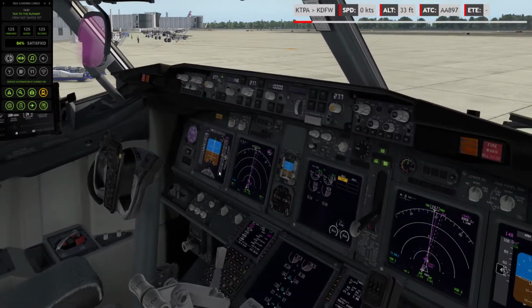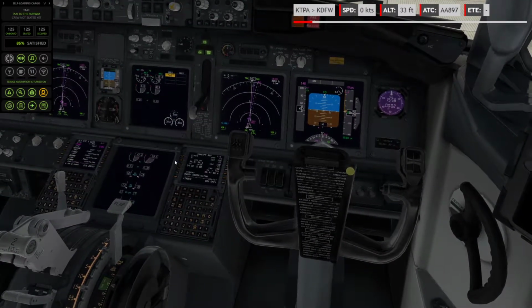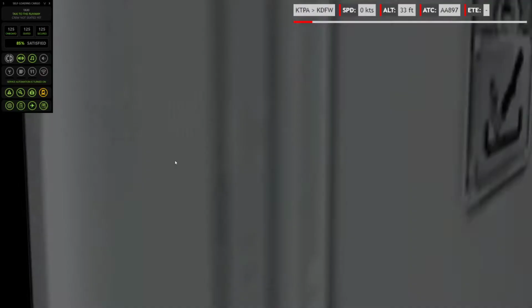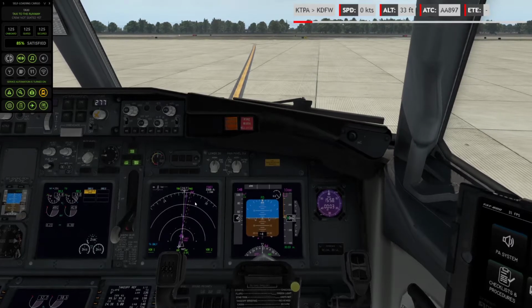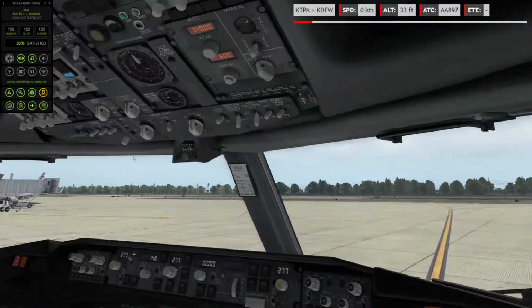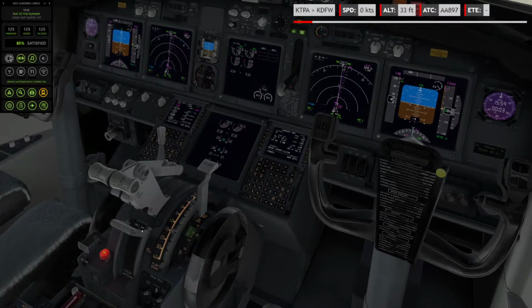And pushback is clear. And start valve cutoff. Number 1 is good.